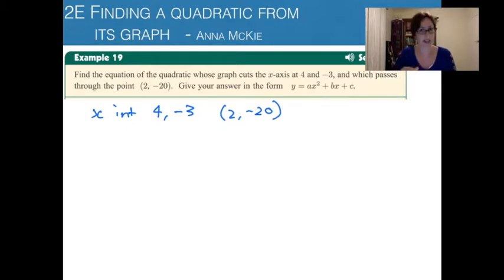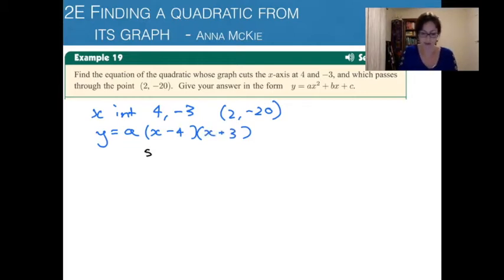So it's the same technique that we've been doing. You write out your general form of a quadratic with the a factor there, your two linear factors, and you put in your x-intercepts with the sign change. And now we've got this unknown of a, so we need to solve that by substituting in a point and solving for a. So this time around x is not 0. Zeros are always handy because everything else cancels out.